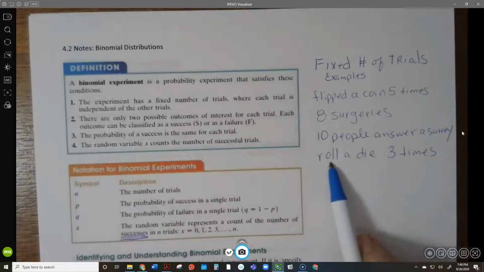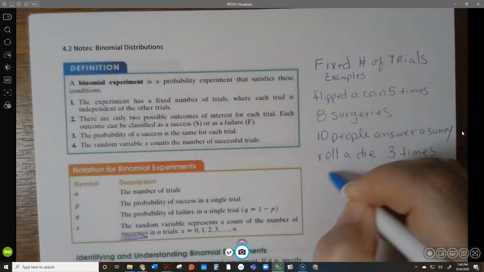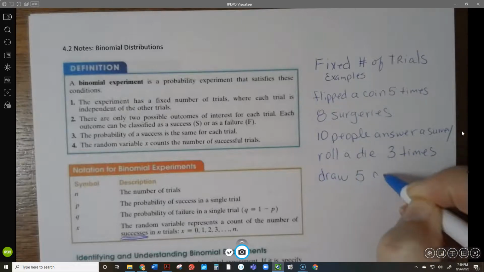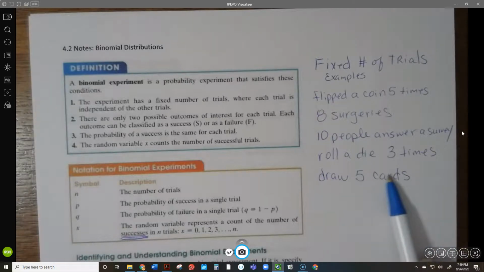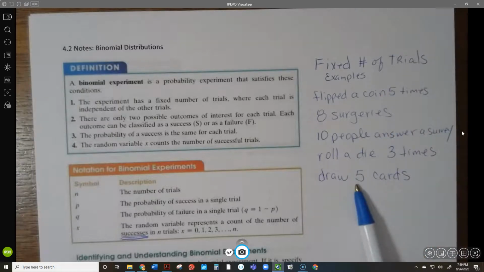For example, another set of trials: we're going to draw 5 cards. That's enough to say that you've got a fixed number of trials, because there are 5 cards that are going to be drawn.